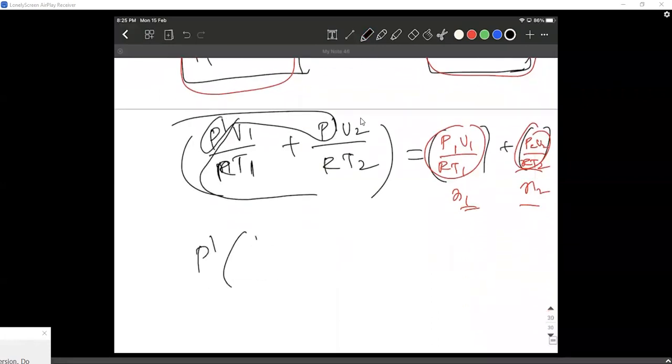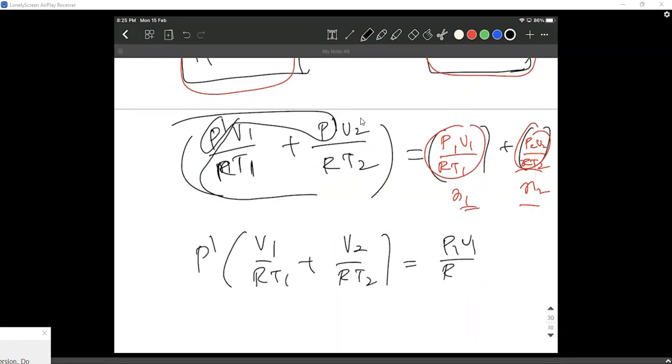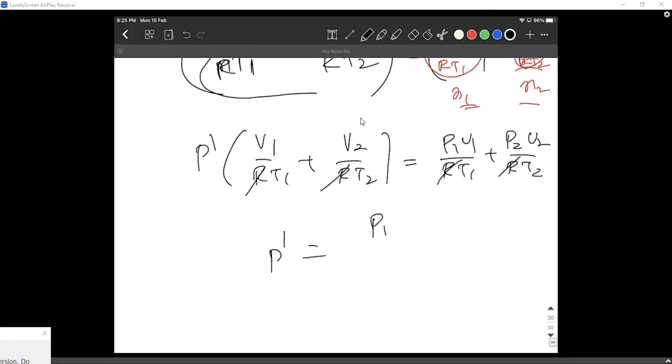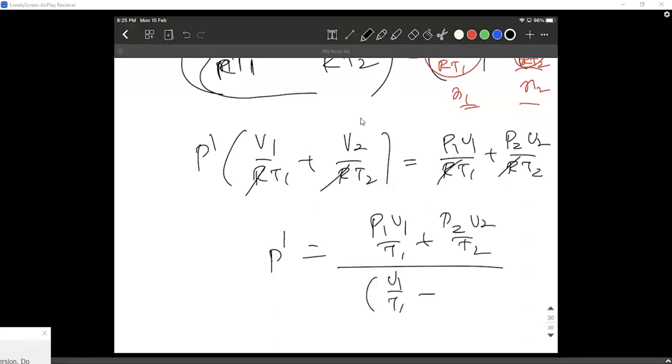P dash equals V1 by RT1 plus V2 by RT2 equals P1 V1 by RT1 plus P2 V2 by RT2. R is cancelled throughout. I think we have the answer here: P dash equals (P1 V1 by T1 plus P2 V2 by T2) by (V1 by T1 plus V2 by T2). You have to simplify that, that's all.